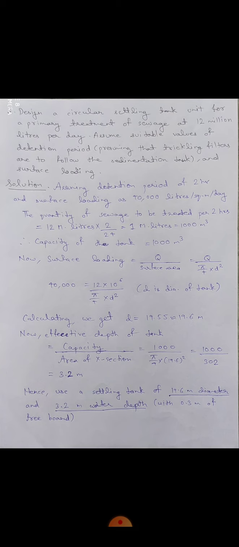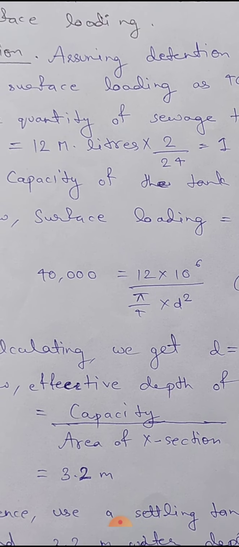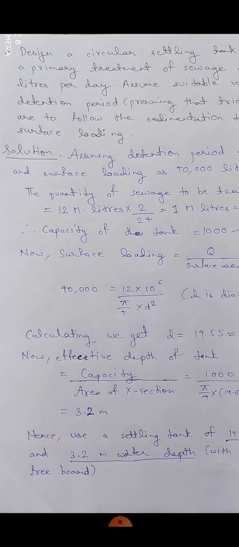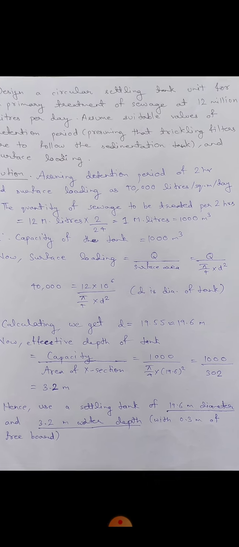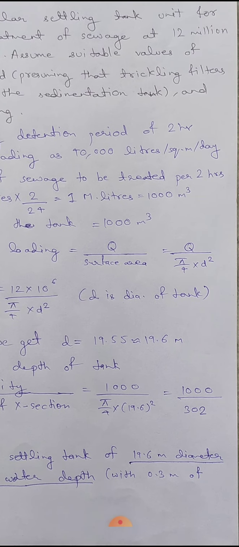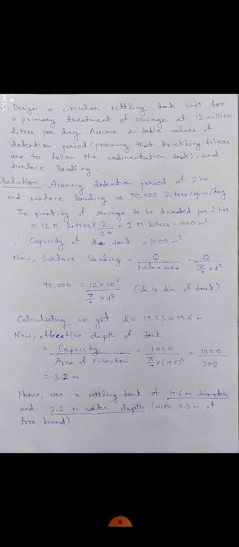Q is given in the question, that is 12 into 10 to the power 6, 12 million liters. So 12 into 10 to the power 6 upon pi by 4 into small d square. From this expression you can get the value of small d, the diameter of the tank. So we get small d approximately 19.6 meter.